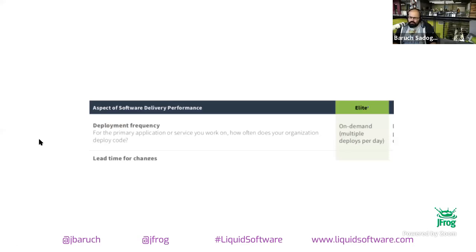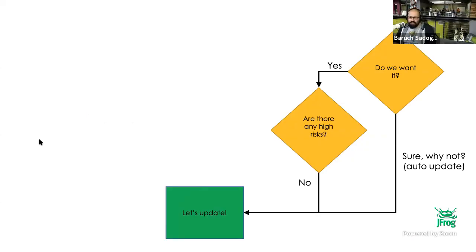But then we go back to Dora and we say, wait a second, there are companies that do deploy multiple times a day. How does this decision diagram work when we have auto update with those companies? Then the diagram looks a little bit different. First of all, no one asks us now, right?